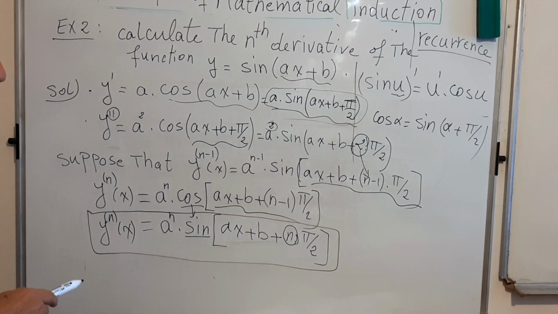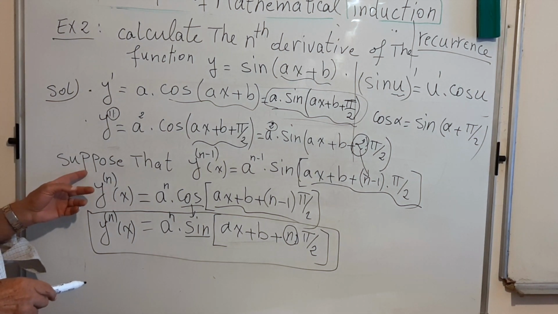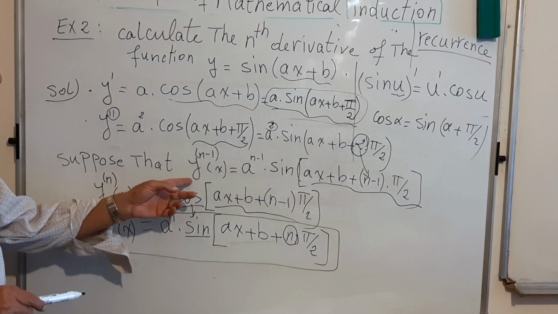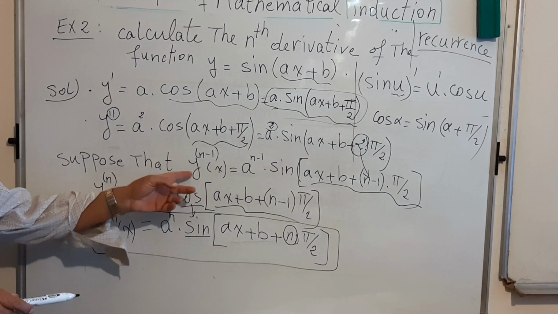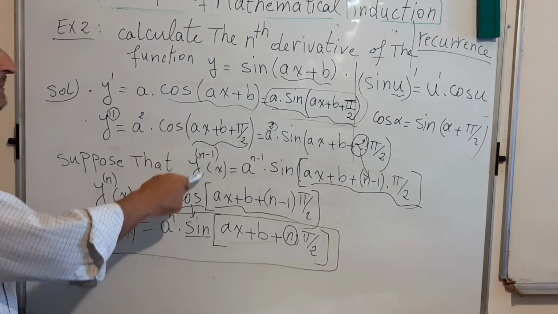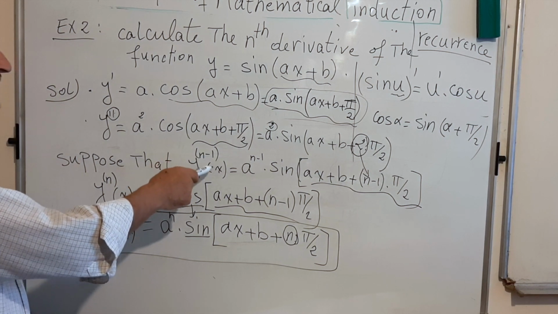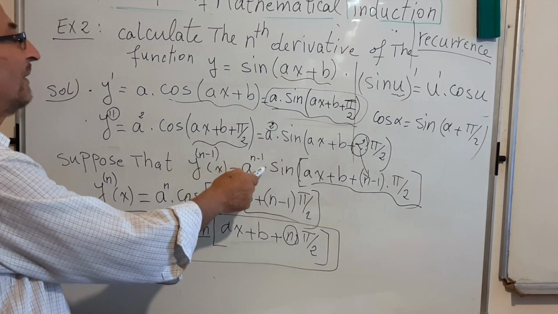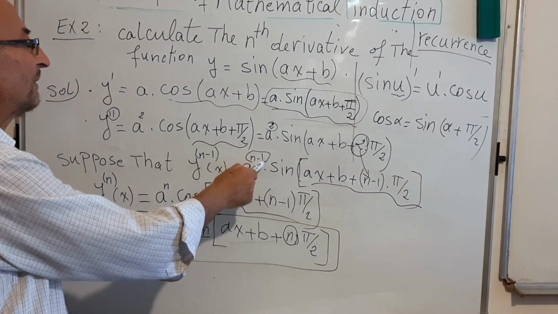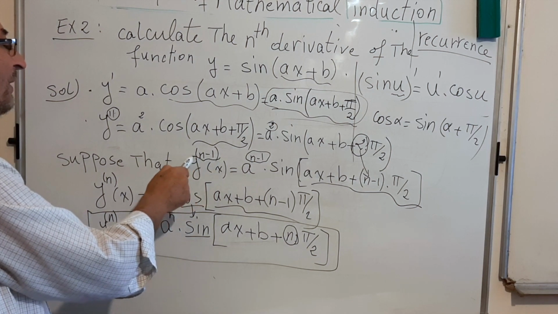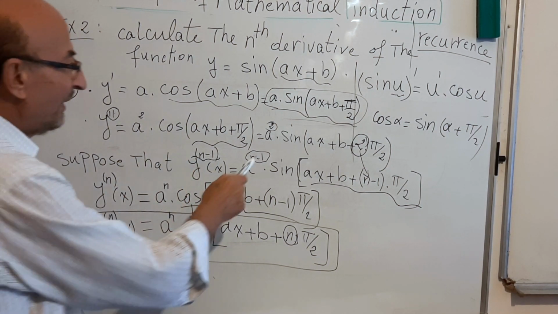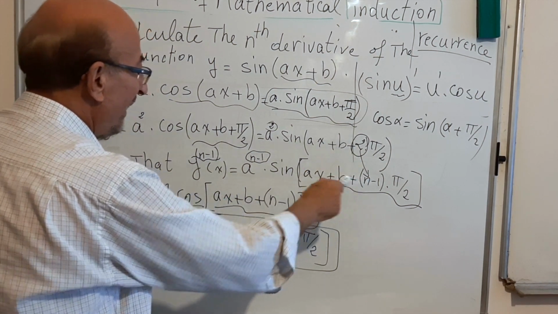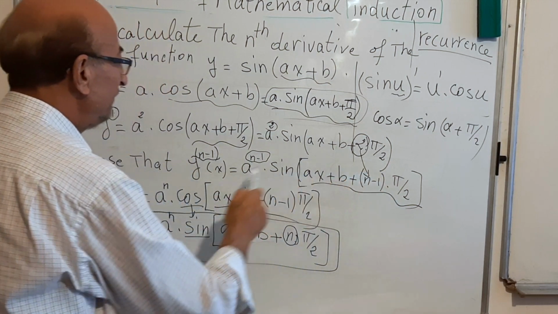So we can now suppose that the formula for the order n minus 1, derivative of order n minus 1, equal a to the power n minus 1 times sine ax plus b plus n minus 1 times pi over 2.